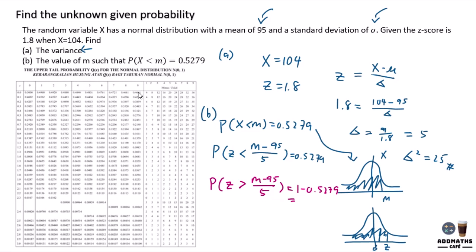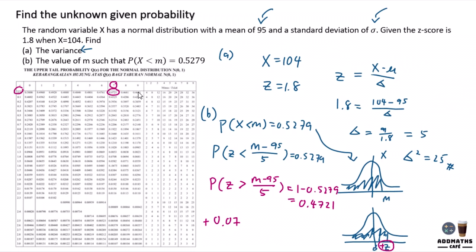So 1 minus 0.5279 will give you 0.4721. From the table, you are required to find 0.4721. It is on this part, which is 0.07. So Z will be 0.07, which is a positive answer because it is on the right side.